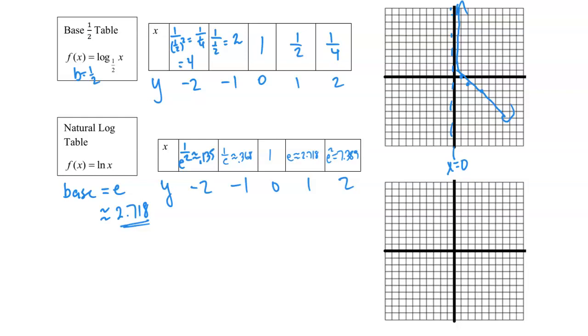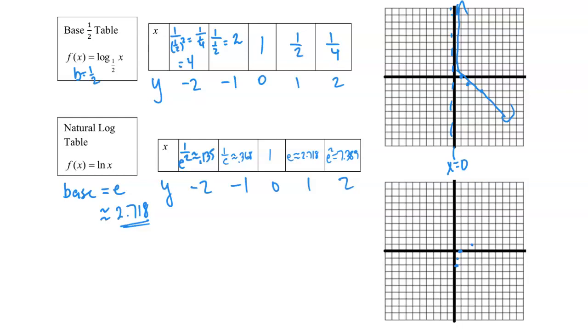So (0.135, -2), that's going to be somewhere in this area down here. And then (0.368, -1) is going to be pretty much just right above that point almost. And then (1, 0) is here. (2.718, 1).